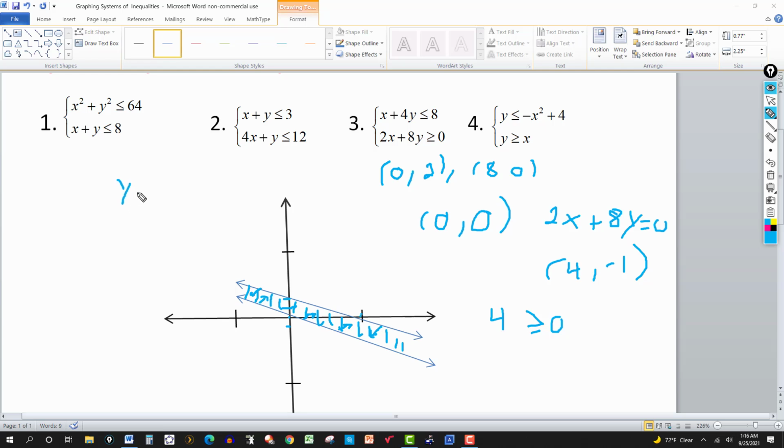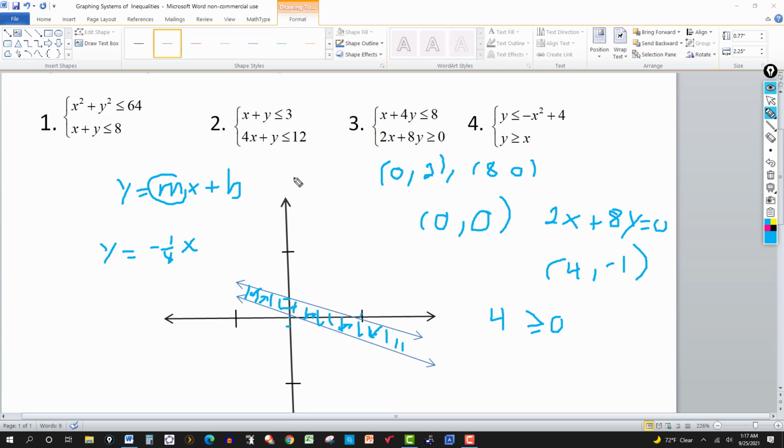Just to remind you, if you have a line solved for y, in the form, say, mx plus b, the coefficient of the x is the slope of the line. So if I solve the first one for y, make it into an equation, solve for y, I get y is equal to negative 1/4 x for the first equation.